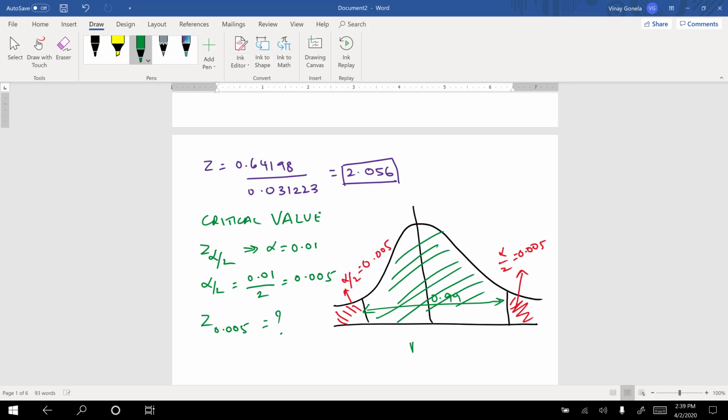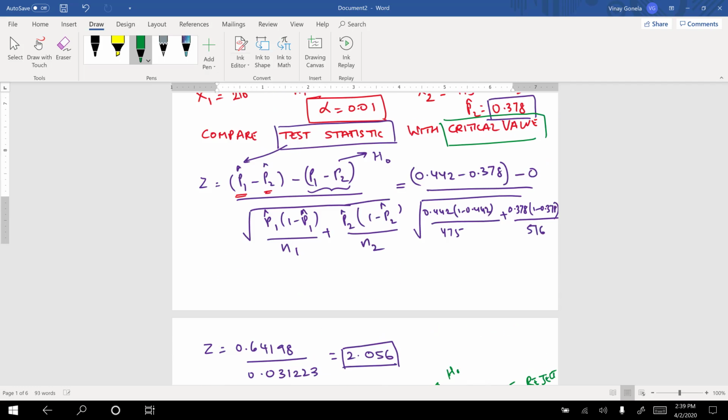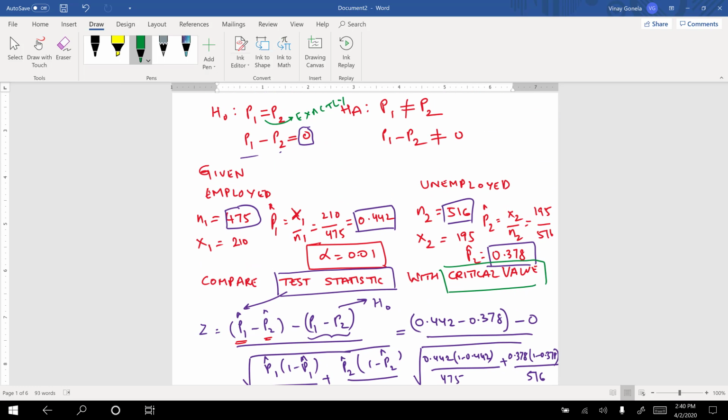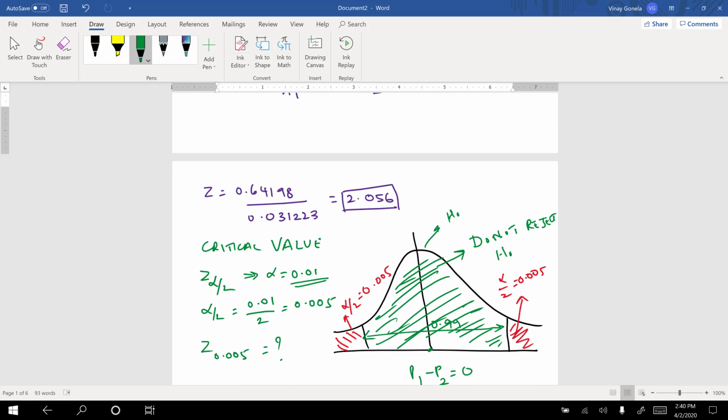This point is p1 minus p2 equal to 0, and this curve represents the null hypothesis. Anything in this area, because we wanted 99% confidence when alpha is equal to 0.01, will be do not reject the null hypothesis. When I say do not reject the null hypothesis, that means p1 is equal to p2 in this region.